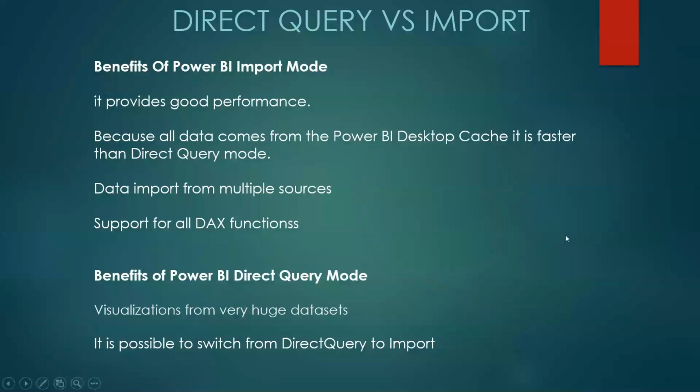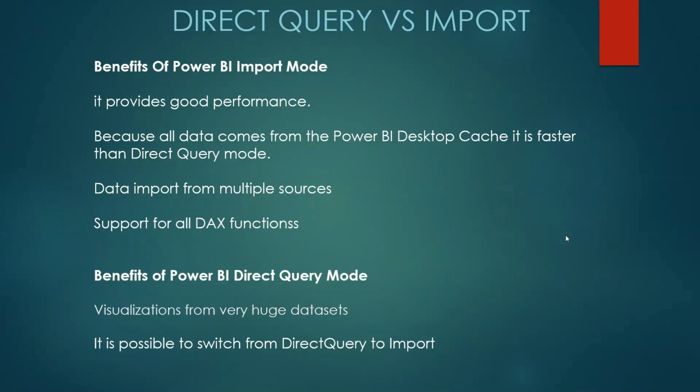Before getting into the details of how to connect, let me check the benefits of Power BI import mode. It provides good performance because all data comes from the Power BI desktop cache. It is very fast compared to direct query mode. Data import can be done from multiple sources, whereas in Power BI direct query mode, it will be only from a single source because you are going to connect only one source.